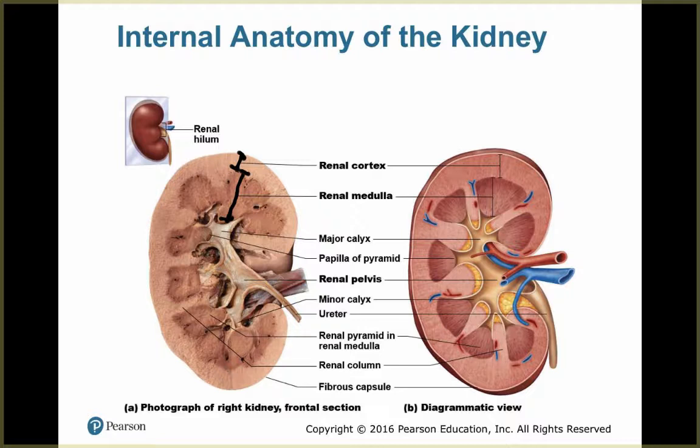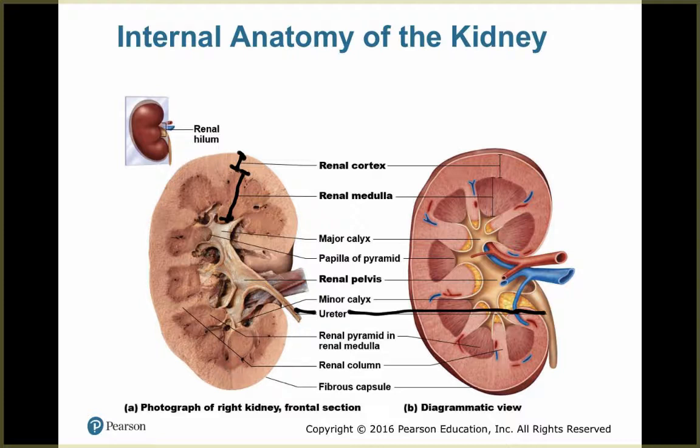You have some of these major areas that we're going to hit on. You can see here, what will end up going out of the kidney and then going to the urinary bladder is the ureter. That's right here, that big thing.